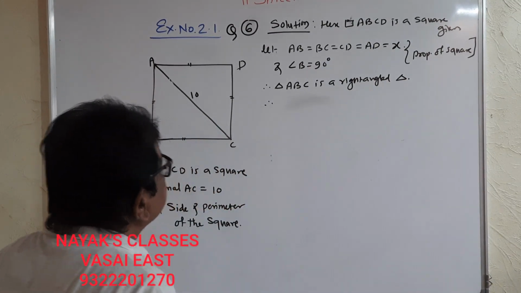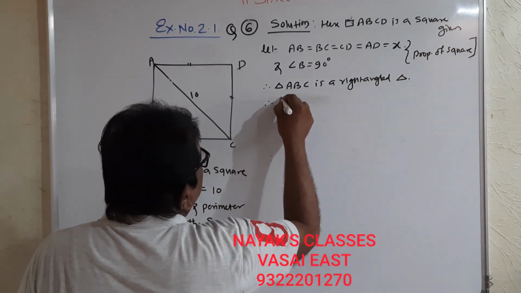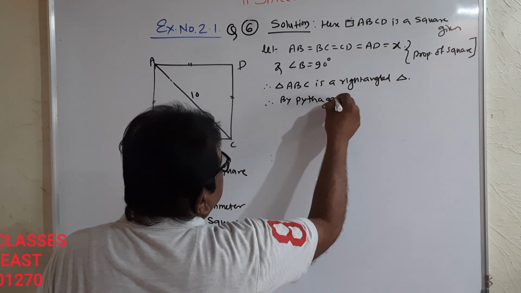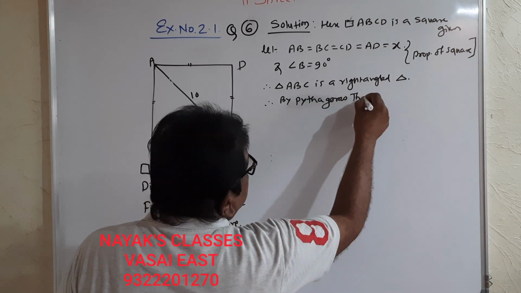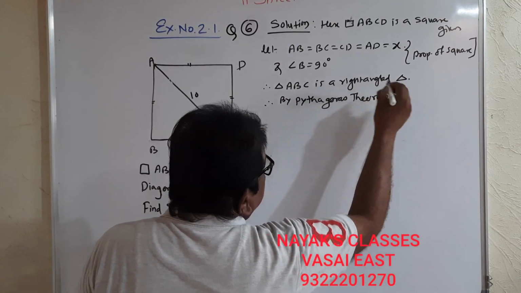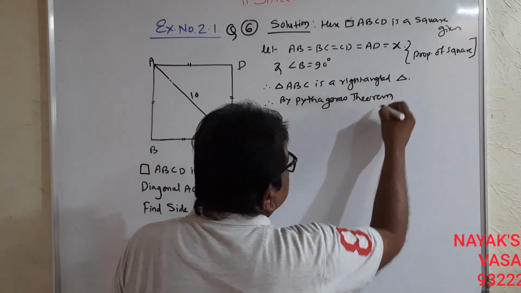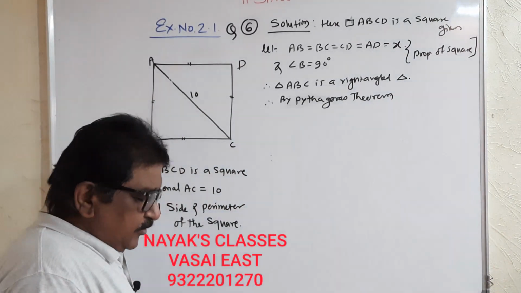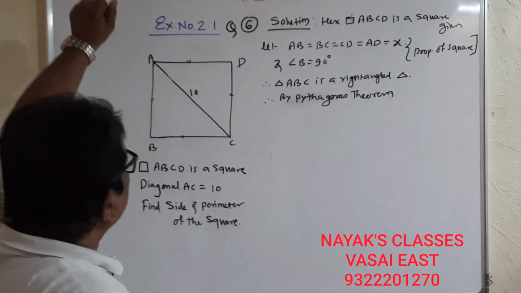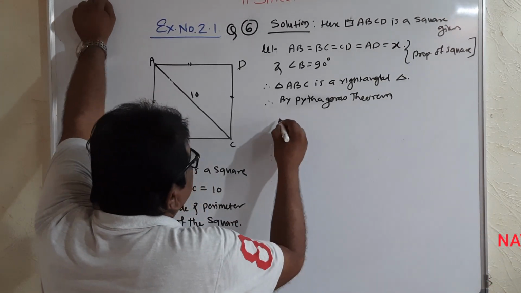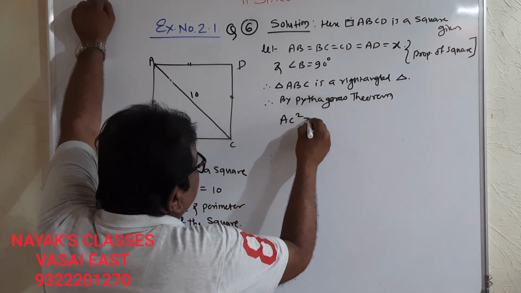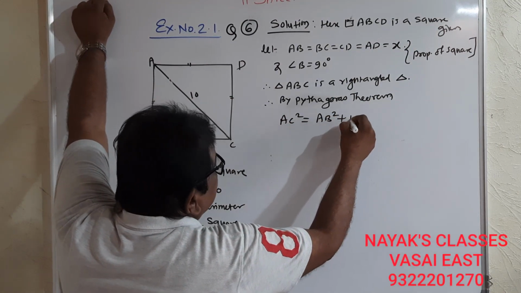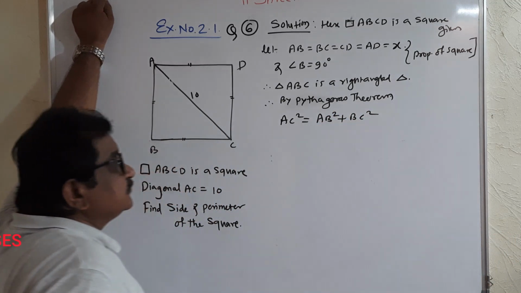Therefore by Pythagoras theorem, hypotenuse square, that is AC square, is equal to AB square plus BC square.